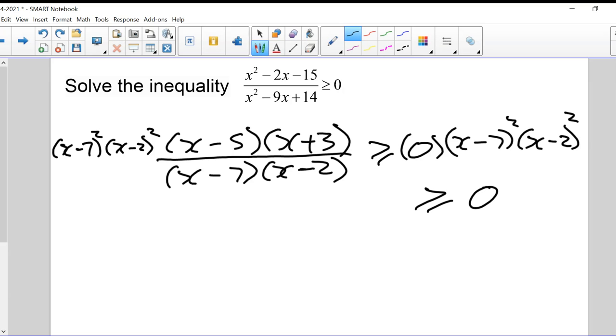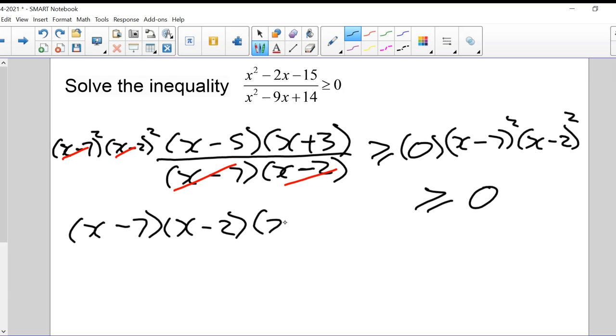But on the other side, one of these cancels out one of these, and one of these cancels out one of those. So what we're left with is this: x minus 7, x minus 2, x minus 5, and x plus 3.